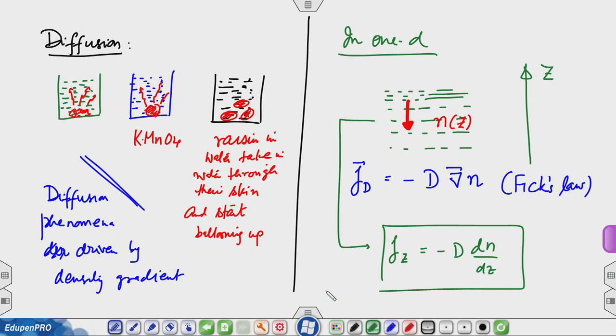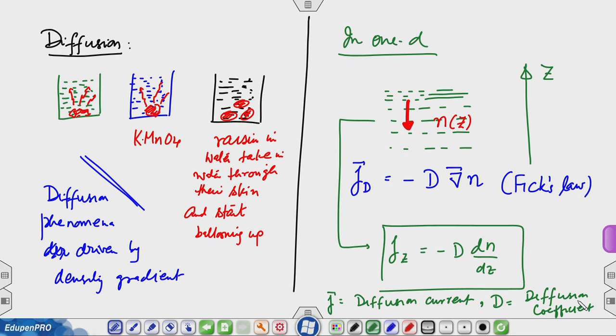Here, J is the diffusion current, that is number of particles per unit area per unit time, and D is the diffusion coefficient. So this is an empirical law.